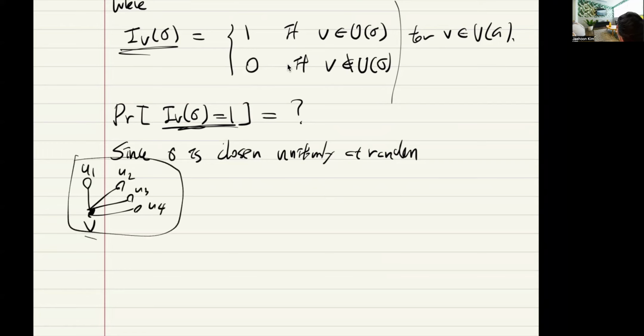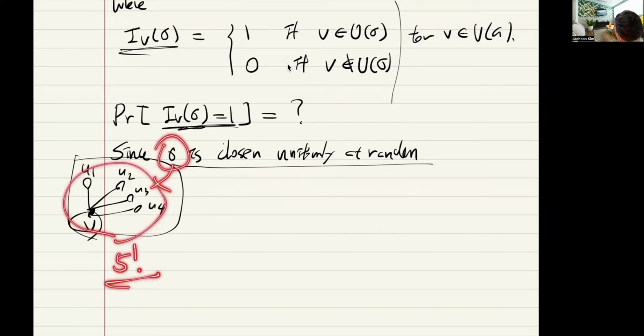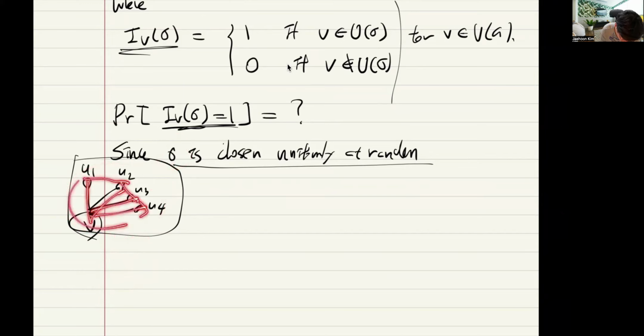Out of these 5, if v comes before the other 4, then this is 1. What's the probability of such a thing? Because this is chosen uniformly at random, if you restrict this permutation to here, there are 5 factorial ways of relative ordering on these 5 vertices. So the probability that v comes before all of them is 1 over 5.